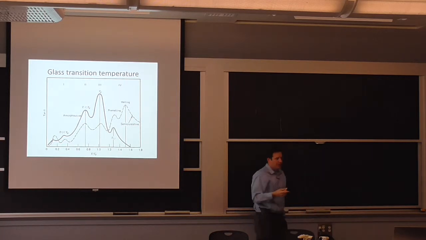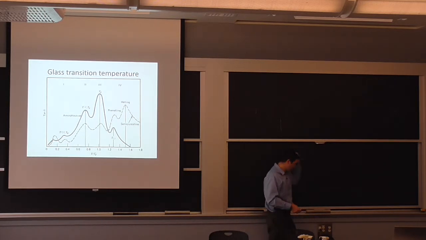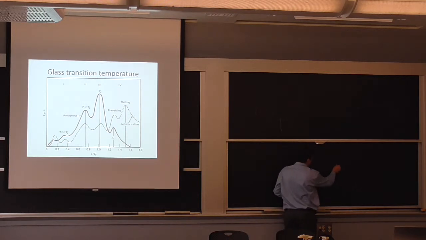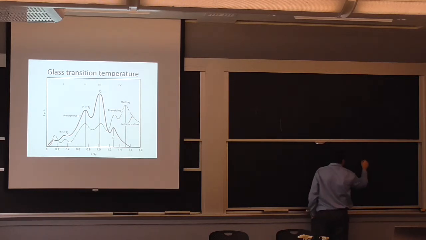The macromolecular chains themselves, the amount of space they require, is a linear function of temperature for polymers. But you reach a certain point in the solid polymer where you start gaining more free volume. So this is the total volume, and this is the intrinsic, I'll call it.